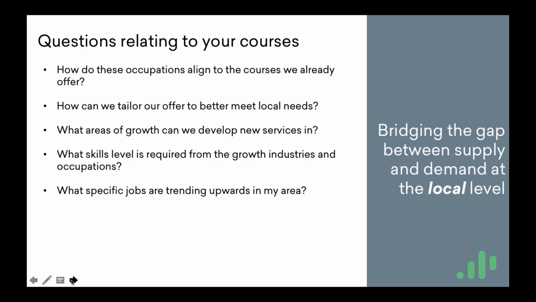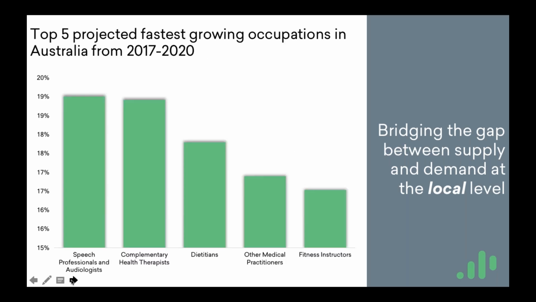And we can start to think about how our existing courses, or maybe our planned courses, are matching that industry need. We can start to think about where we might have new areas of development, something we don't already deliver. And we can start to think about which specific jobs are trending in your regional economy by getting right down into the detail rather than relying on high level national data only.